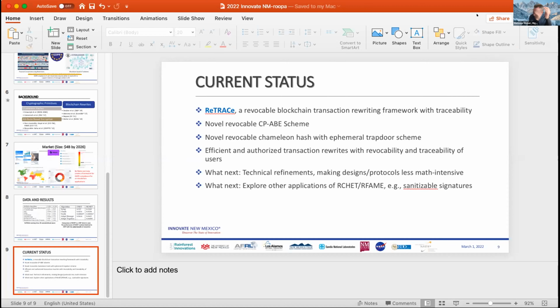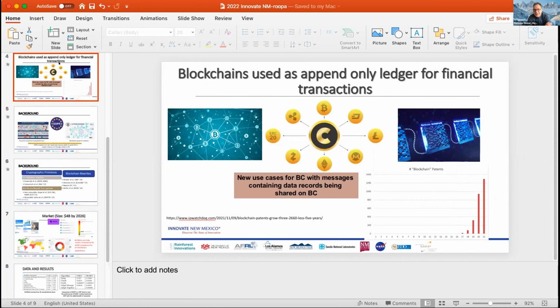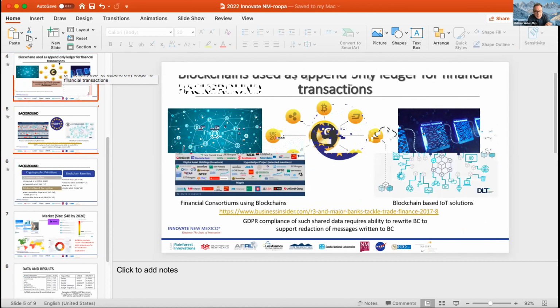So thank you, Roopa. Could you please help me understand the following? In my opinion, the original intention of blockchain is to create something that cannot be revoked and cannot be rewritten and is completely decentralized, and there is nobody who has special rights to do something which others don't, including also make changes.